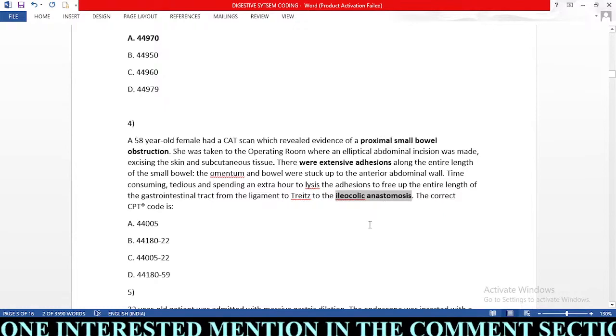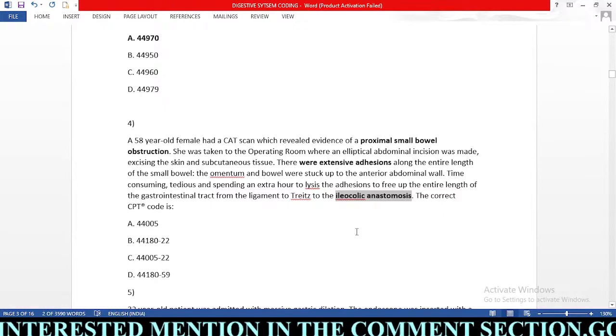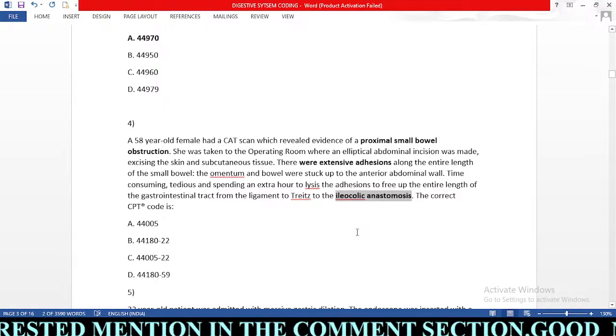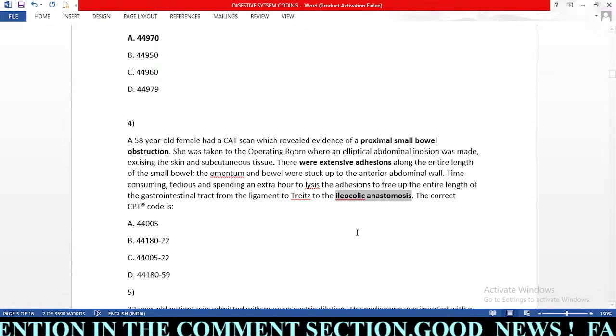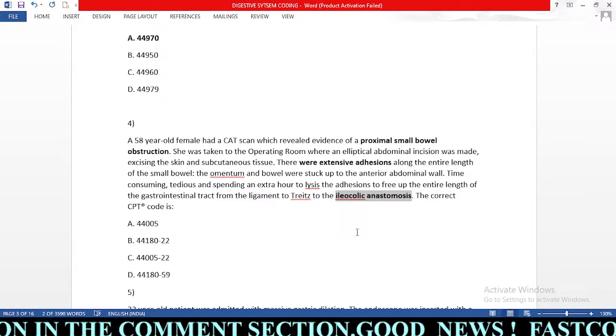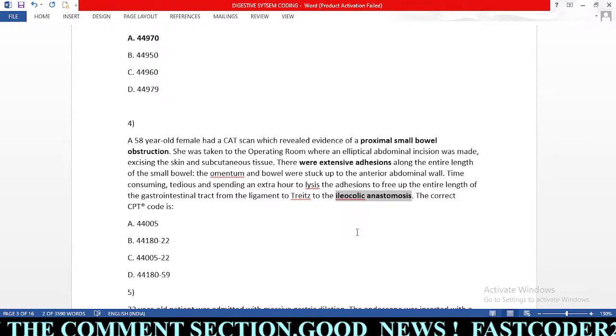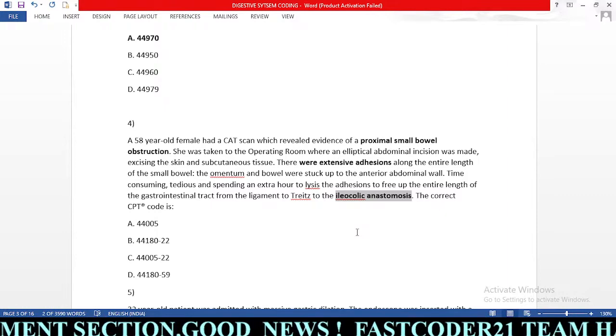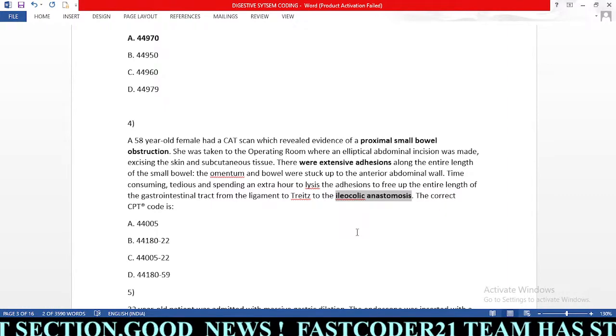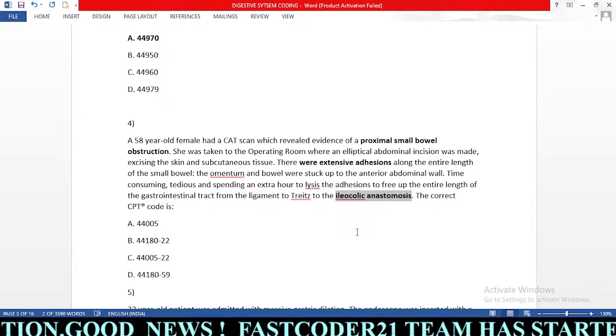The correct CPT code will be option C. So here this procedure was not performed by laparoscopy. So it is an open surgery. Because of that reason, we will eliminate B and D.